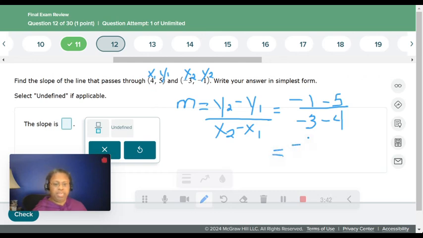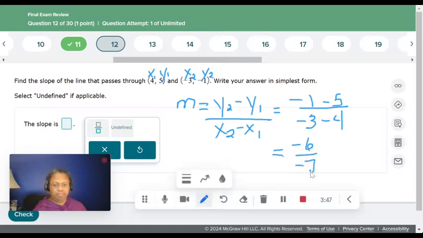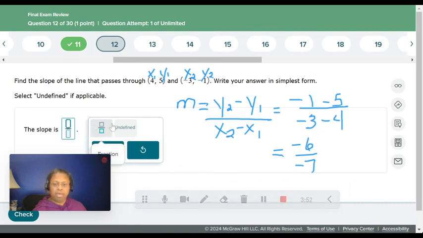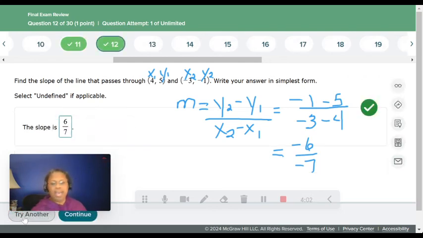Excuse me, this is going to be negative 6 over negative 7, which will make our fraction positive. 6 over 7. Hopefully I wrote the numbers in the right order. Let's see. Yay! So this formula I would put on my resource page for the final exam. And even if you want to use this as an example problem, feel free.